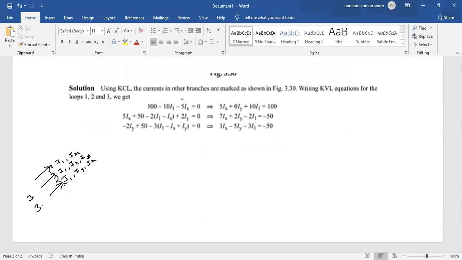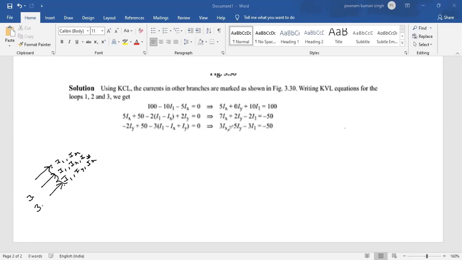So this is 0 only. But I am taking the components in terms of Ix, Iy and I1. Yes, so this means 0 only. So why are we doing this?